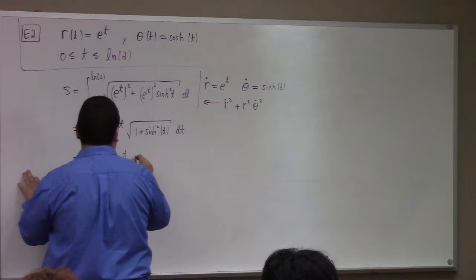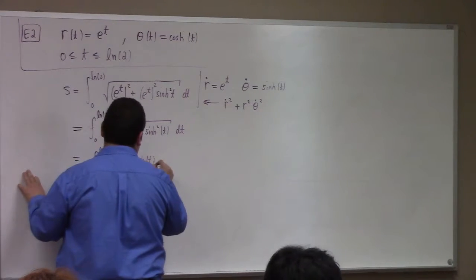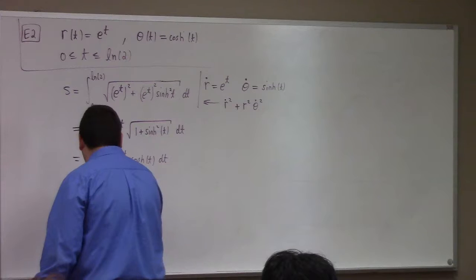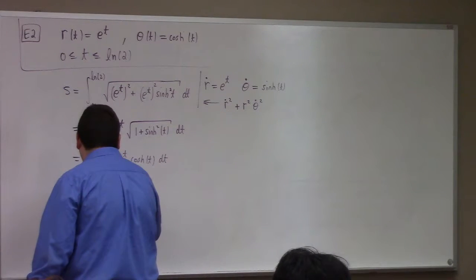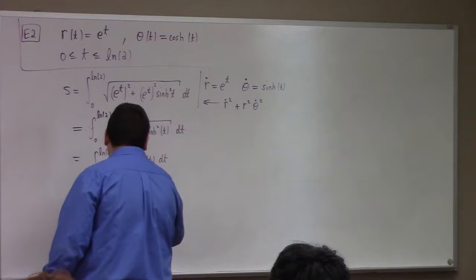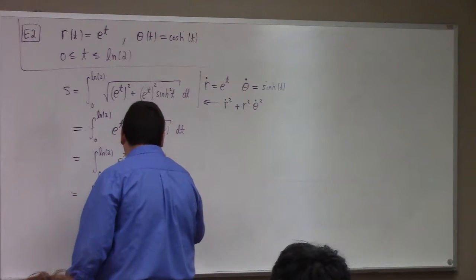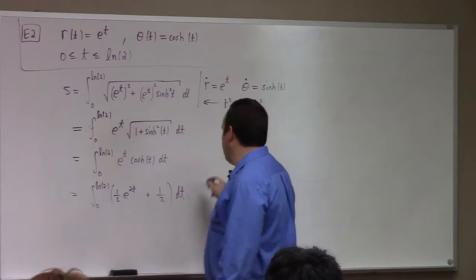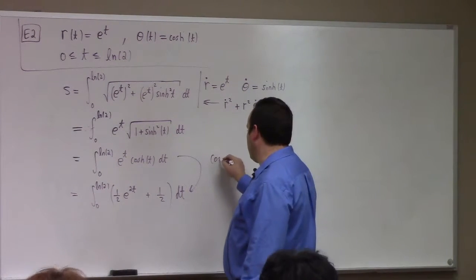The integral of e to the t cosh t dt, from 0 to, and here you've got to go back to definitions, right? So you get 1/2 e to the 2t plus 1/2. To get from here to here, that's because cosh t is what?